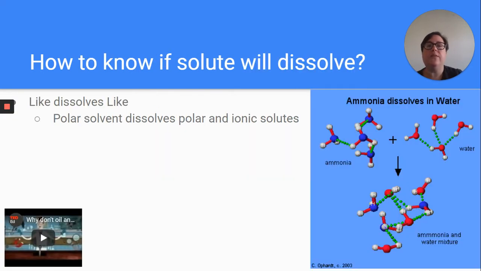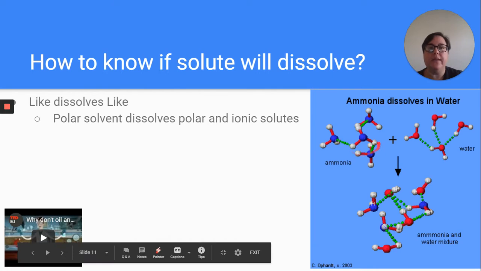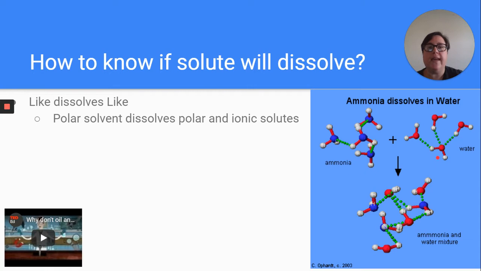All right, how do we know if the solute will dissolve in the solvent? We use like dissolves like, very technical terminology there. Like dissolves like. So polar will dissolve polar. If you have a polar solvent like water, it will dissolve polar solutes. So here in my picture, we have ammonia and we have water. Since they're both polar, they have dipole-dipole forces of attraction holding each other together.